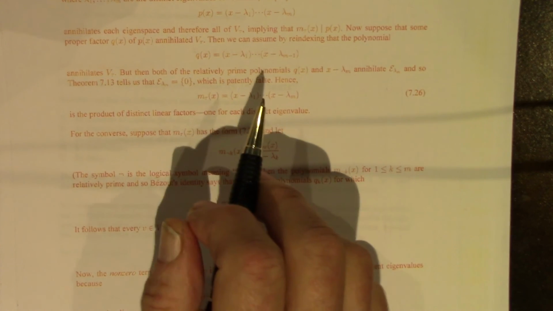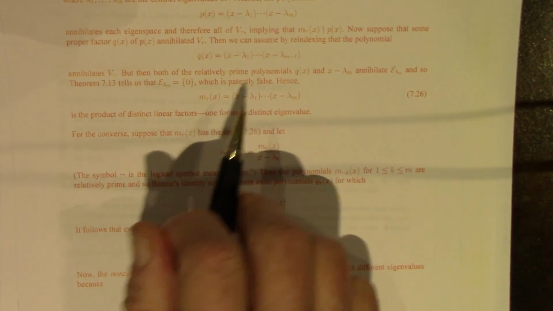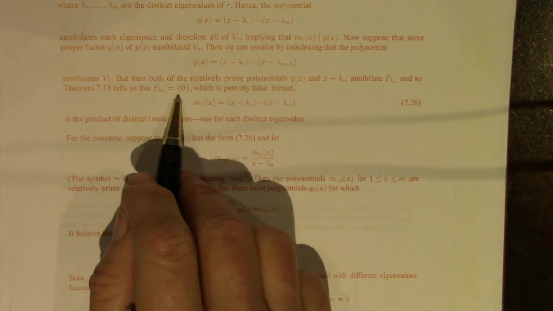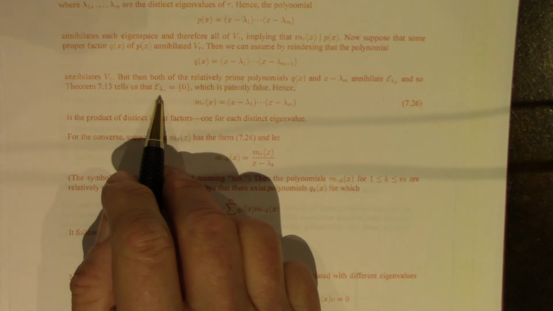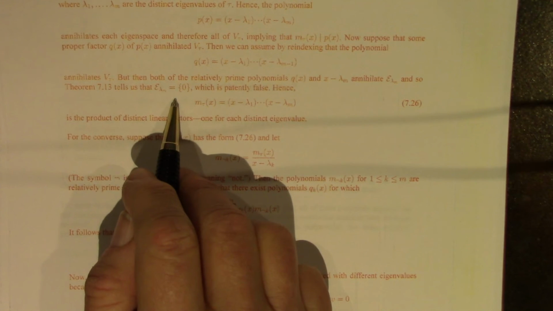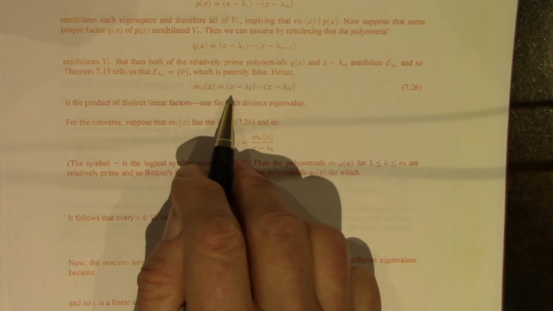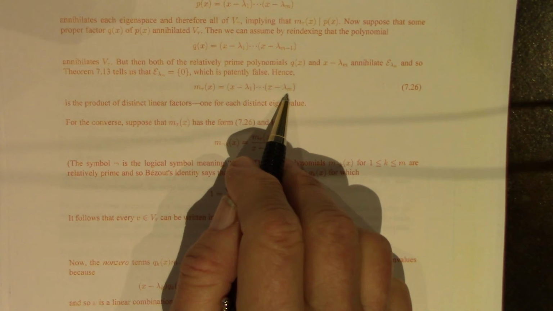But we had a theorem earlier in this chapter that if two relatively prime polynomials annihilate a vector space, or a subspace, then that subspace is trivial. And so we would deduce from this that E lambda m is trivial, which is ridiculous. Eigenspaces have eigenvectors. So the minimal polynomial is in fact the full product here.